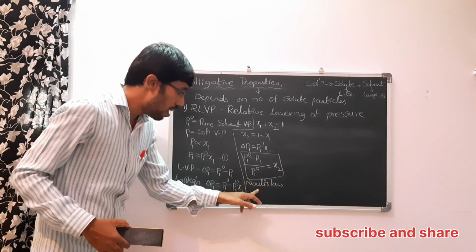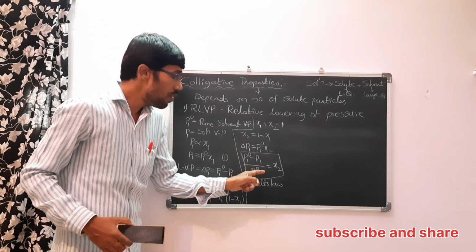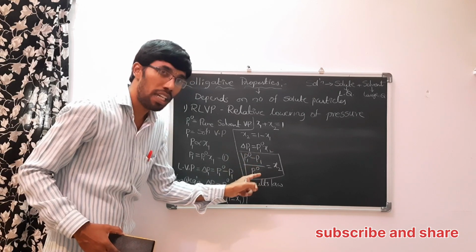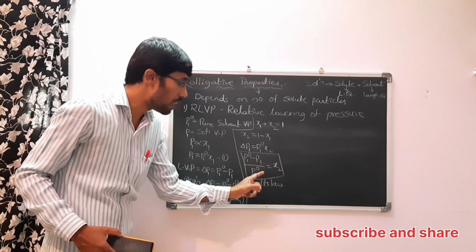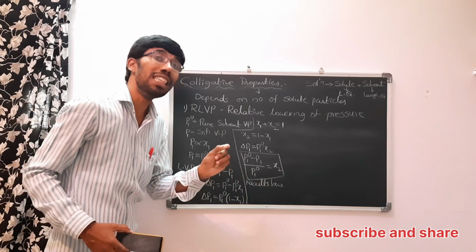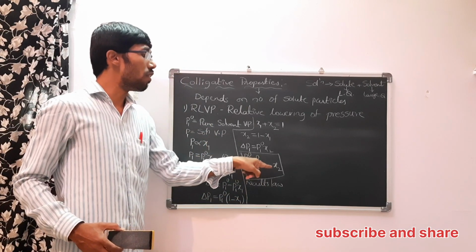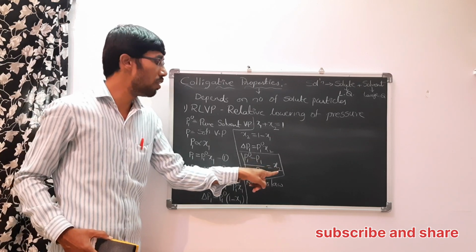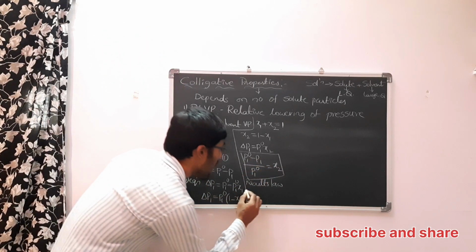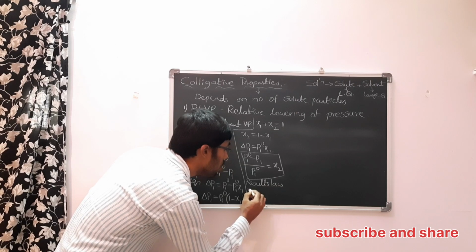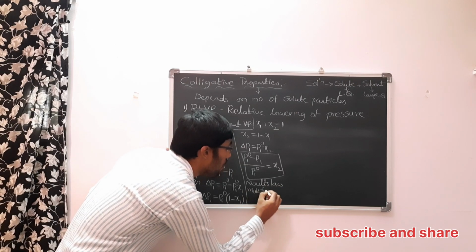So what is Raoult's law? The relative lowering of vapor pressure of a solution which consists of a non-volatile solute is equal to the mole fraction of the solute, where X2 equals mole fraction of solute.